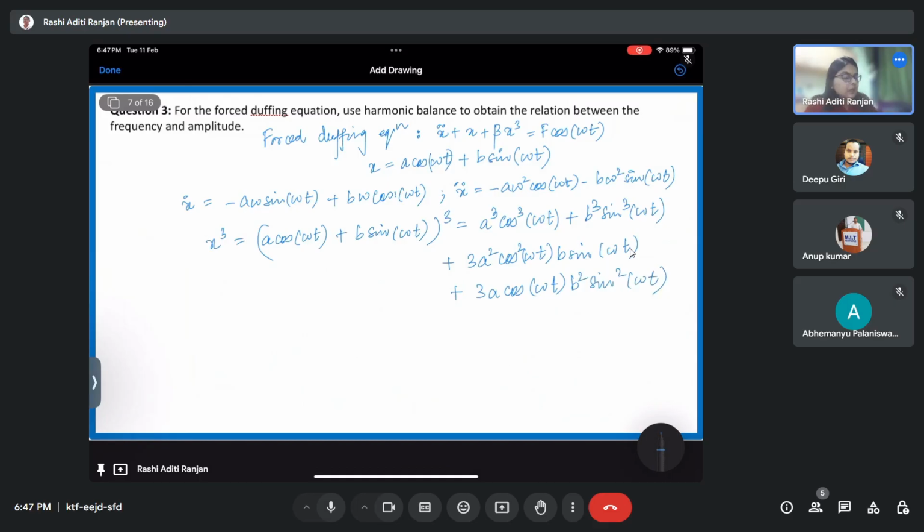Now you can further use the trigonometric identities for the cubic terms and for the cos square sine and sine square cos terms. I'm skipping that step as of now because it will take our time. There's no point in discussing that; you can go through that.